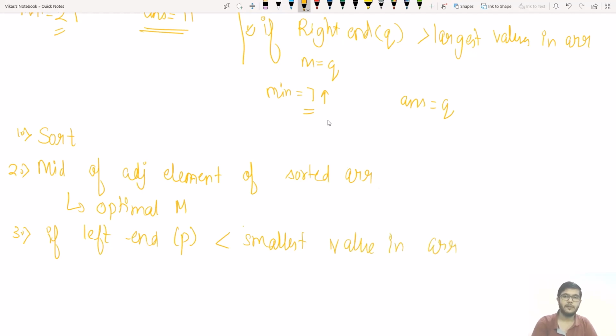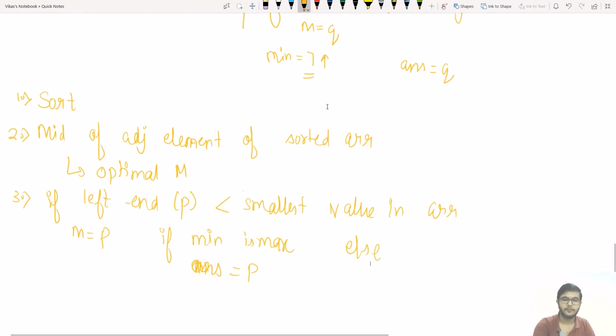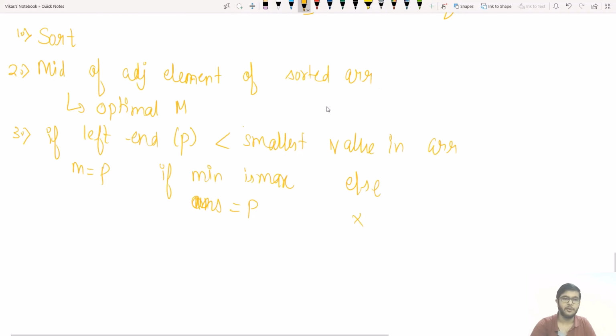If it is true, then we are going to take our M as P, and we are going to check if my min is maximized. If this is true, then we are going to make our answer as P. Otherwise, we are not going to do anything.